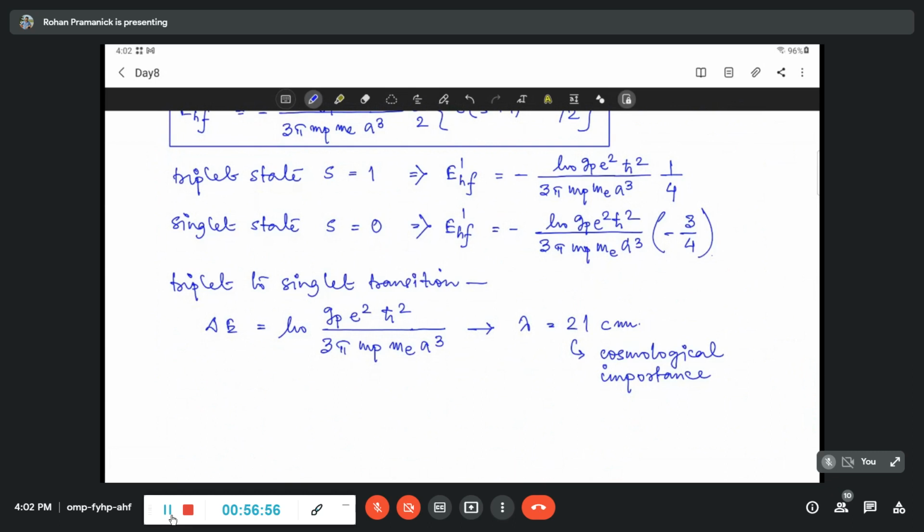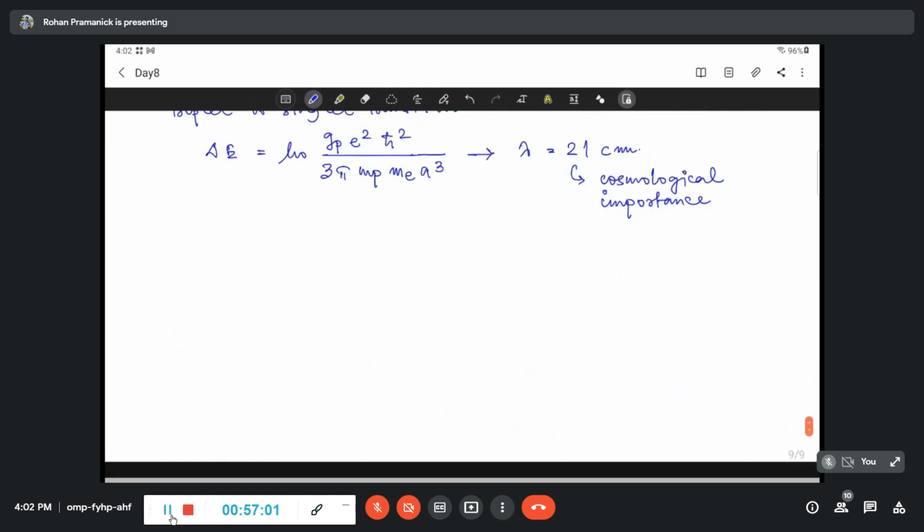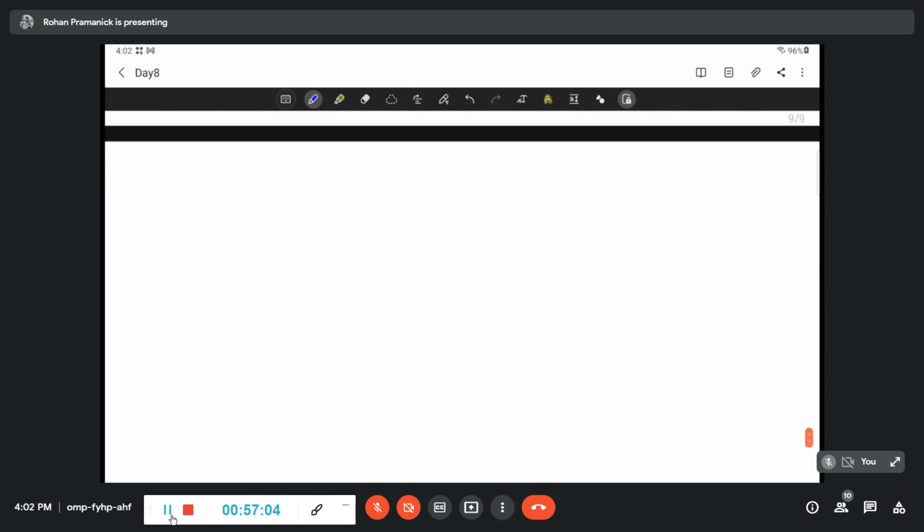So this is the hyperfine structure, and now I will just briefly mention what are the external perturbations that you can make. So these are now external perturbations. I mentioned someday that there can be external perturbations and there can be internal perturbations also, which we overlooked while solving the hydrogen atom. So let's write it here also.